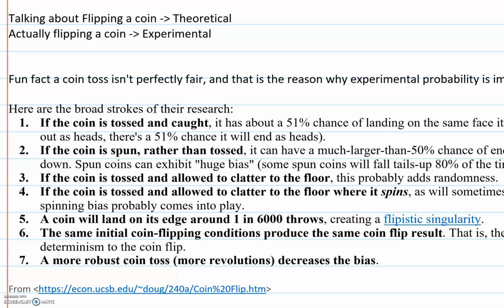But anyways, it's kind of interesting. If you're interested, you can take a look down here at that website. That's where I pulled this information from. There have been studies done on this, and it apparently is actually a lot less fair than you think it is, and that we can test because of experimental probability.